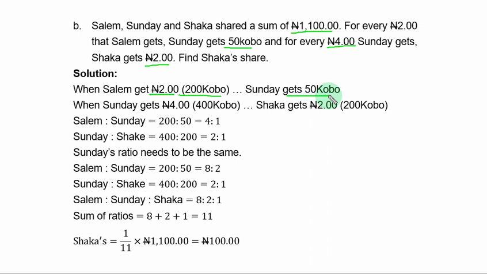So now we are trying to balance the money they have going with the same units. When Sunday gets 4 naira, which is equivalent to 400 kobo, Shaka gets 2 naira, which is equivalent to 200 kobo. Now, if you look at the first 2 lines, you see that Sunday is common. Now, let's use ratio.